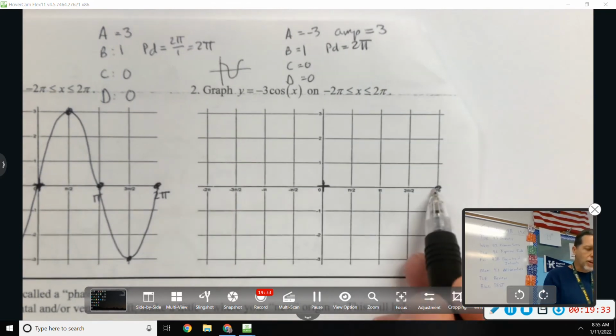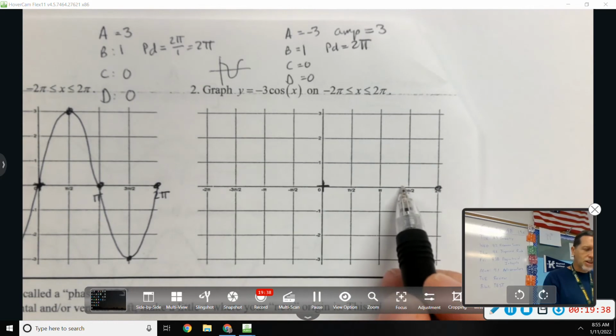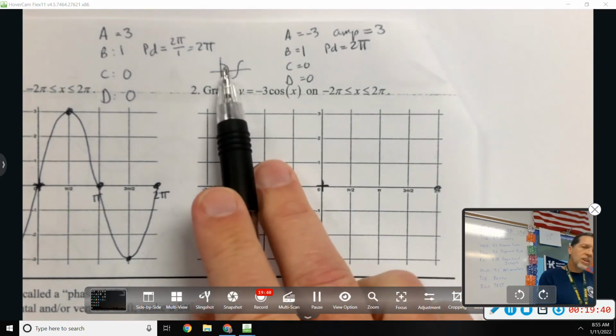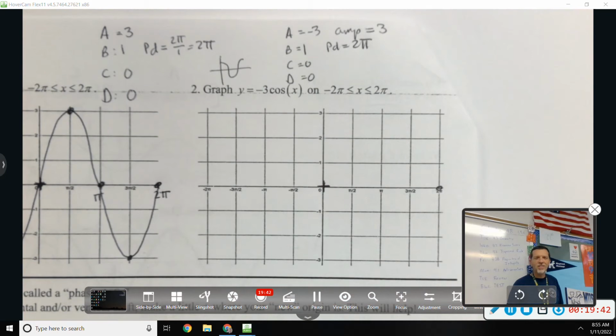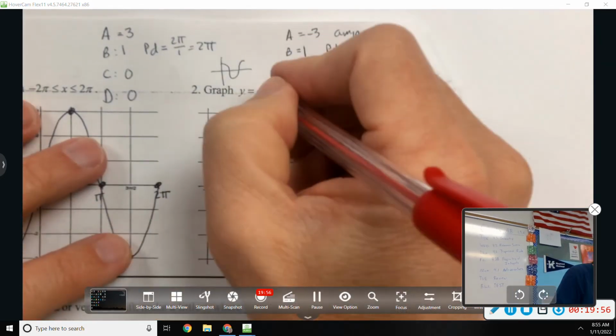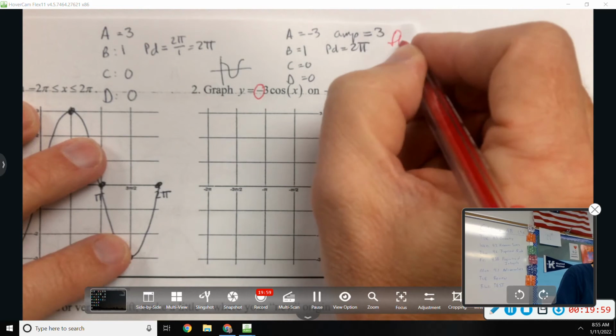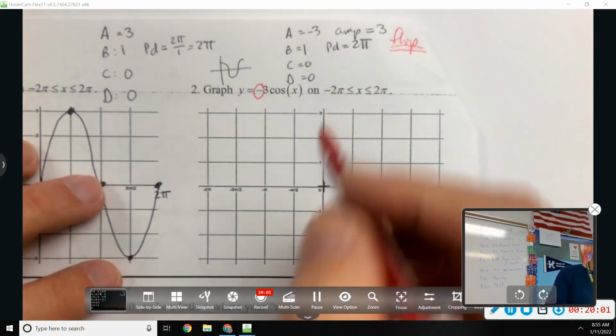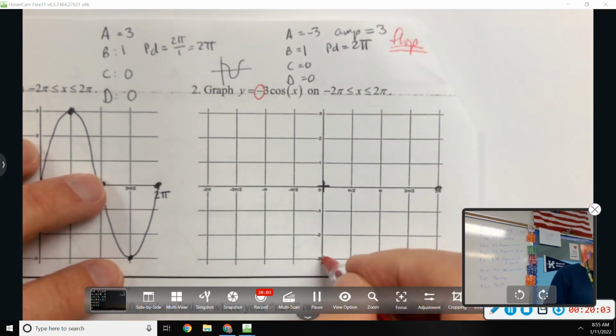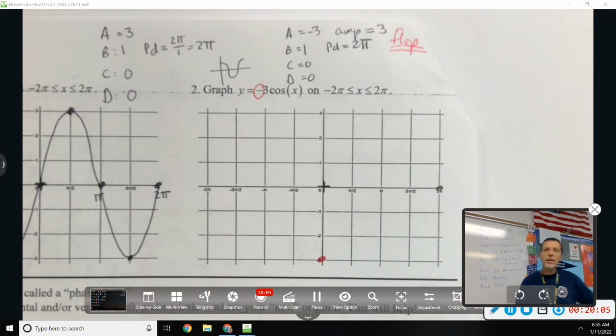I should be careful, I shouldn't put a point there, because cosine doesn't start at 0. Where does cosine start? Usually 1 or a max. Where's this one going to start? 3 up or 3 down? What's this negative doing? Making it flip. So I'm not going to start at a max, I'm going to start at a min because of the flip.